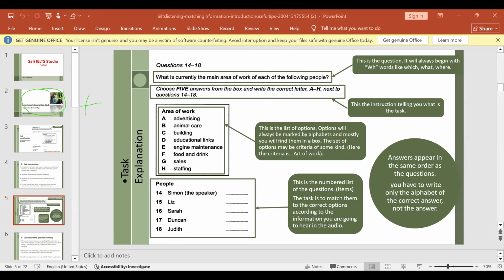Yes, this is the clue. The clue is positive, helpful. So the audio can say "beneficial," or "very useful." If you train your ear like this, the word is positive, but you can hear a synonym for that.